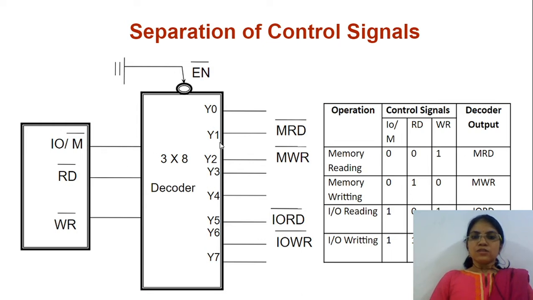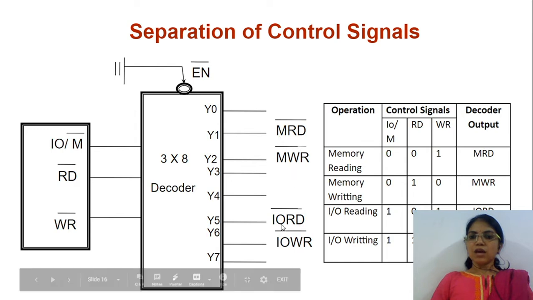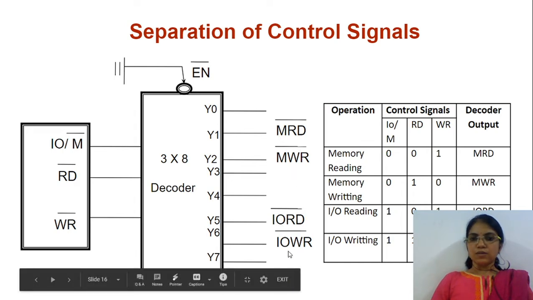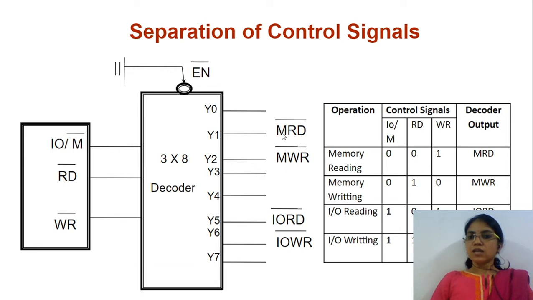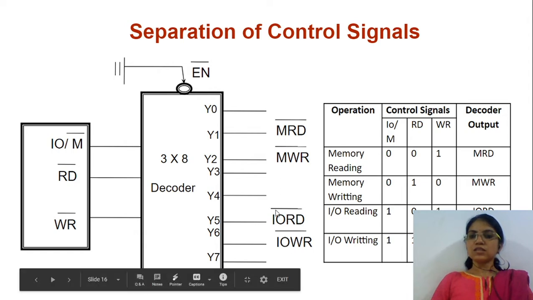Now we know how these signals are separated into 4 different signals, that is MRD bar, MWR bar, IORD bar and IOWR bar. MRD bar and MWR bar stand for the operations related with the memory, while the other two signals are related with the input output device.